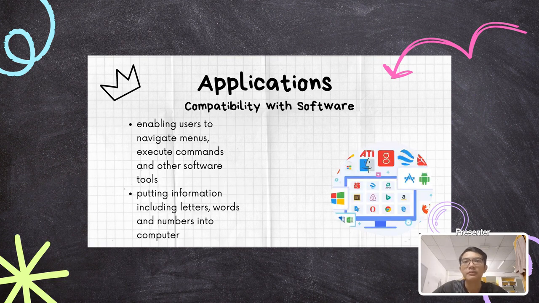Second point is compatibility with software. Keyboards are designed to work seamlessly with software applications, enabling users to navigate menus, execute commands, and use other software tools. Keyboards are integral to interacting with computer systems and executing various software functions efficiently.